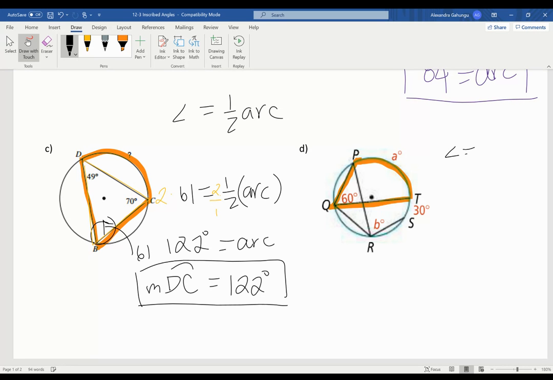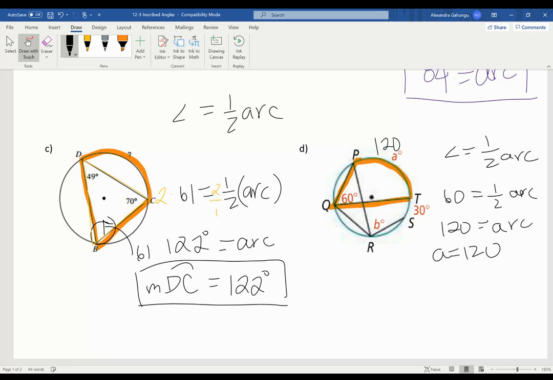So angle equals half the arc. So the angle is 60. So the arc is 120. So that's 120. And that tells me that that's what A is.